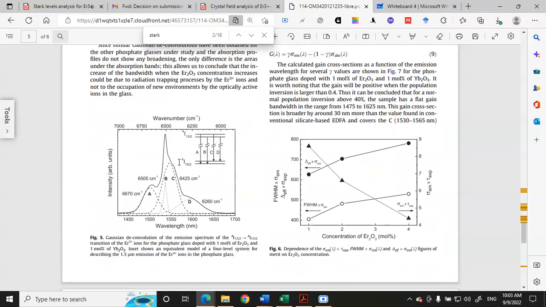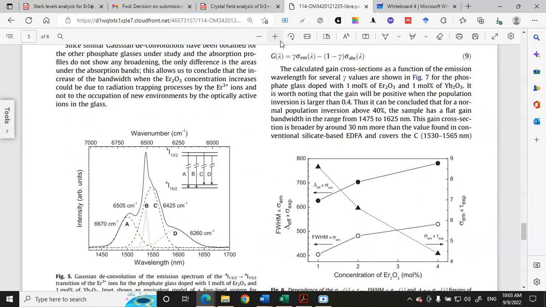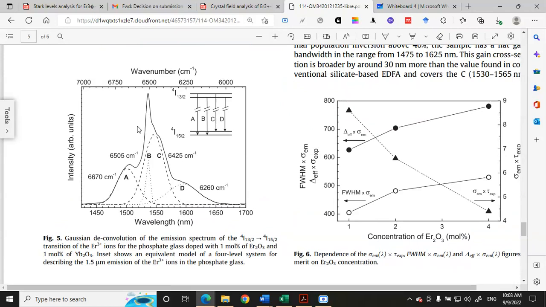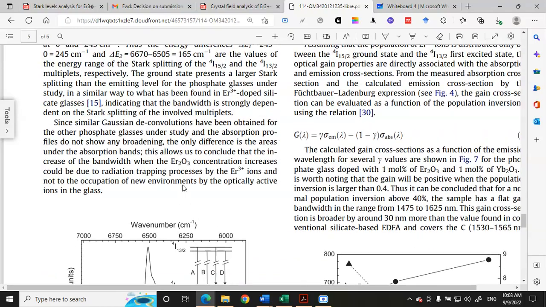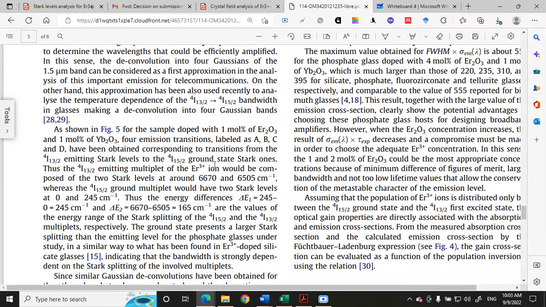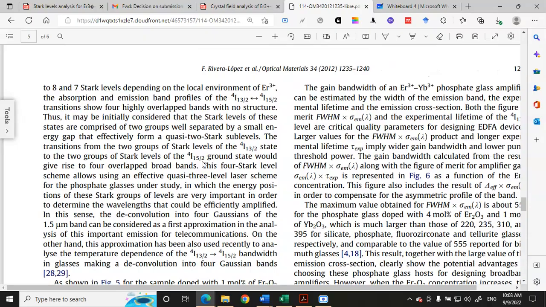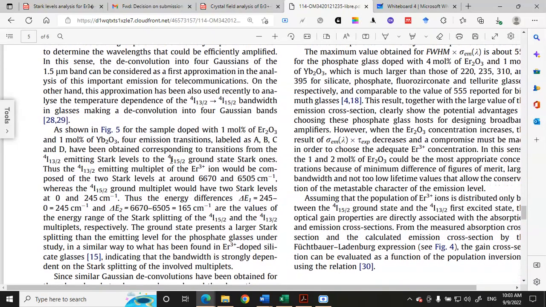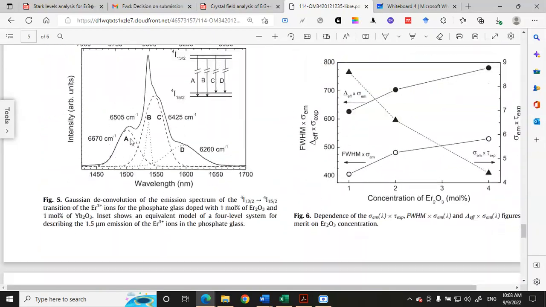You can see from here that this is the 4I13/2 transition, which is deconvoluted into certain peaks. Each of these peaks is a Stark level or Stark sublevel. Here we can see it gets 4 Stark levels: 1, 2, 3, 4, A, B, C, D.